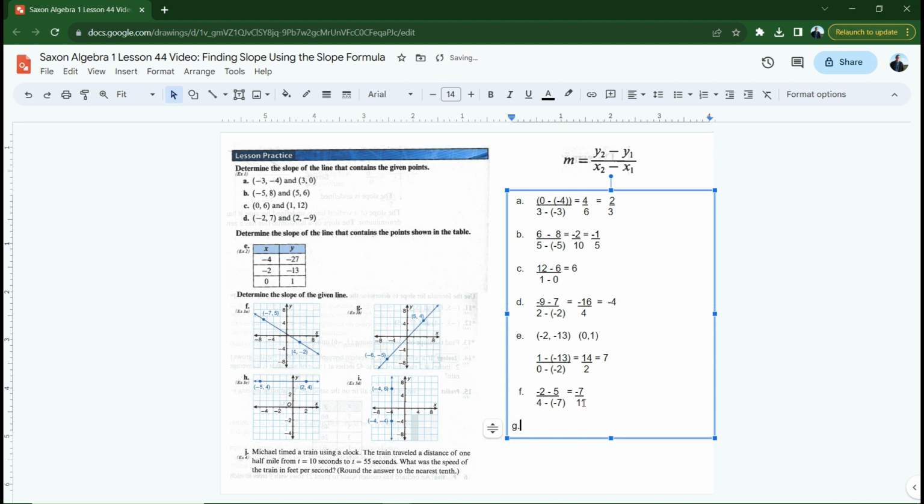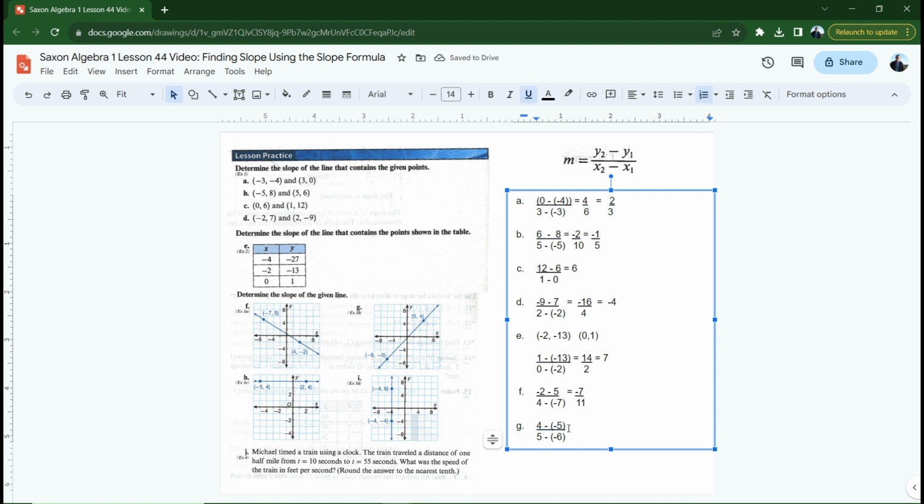All right, letter G. In letter G, we have y2 of 4, y1 of negative 5. So 4 minus negative 5 over x2 of 5 minus x1 of negative 6. So it's going to be 4 minus a negative 5 over 5 minus a negative 6.